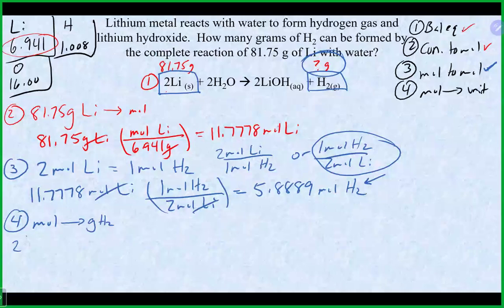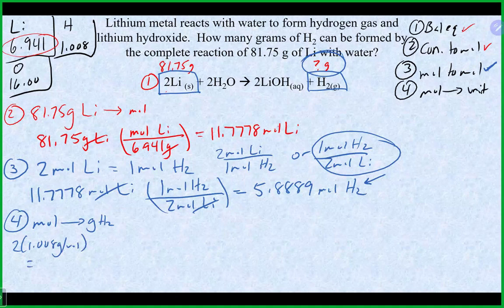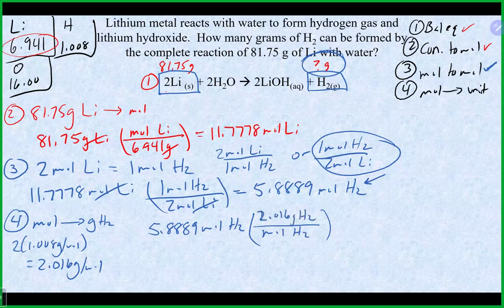So that is 2 times 1.008 from the periodic table, 2.016 grams per mole. So taking our number from above, our 5.8889 moles of hydrogen. Again, here we want the moles to cancel, so we're going to go a mole of hydrogen is 2.016 grams. Moles will cancel.